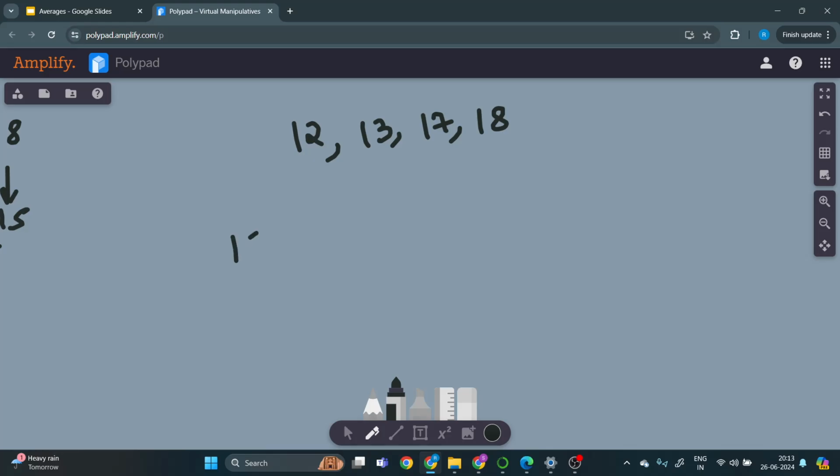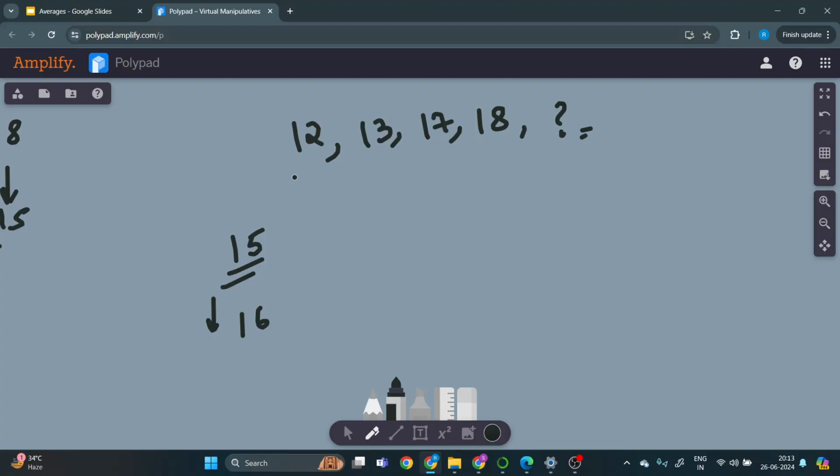Their average is 15. Now I ask you that I want to add a fifth number as well. But the condition is the average will get changed to 16. Now what will be this number, without any kind of major calculation? You tell me that.